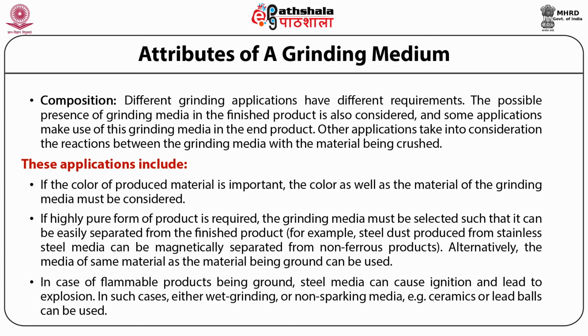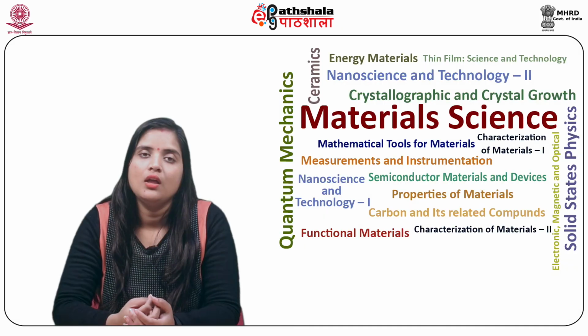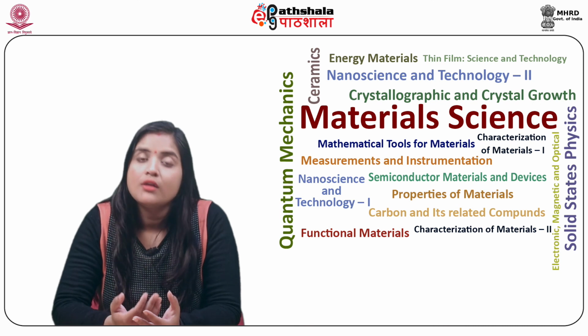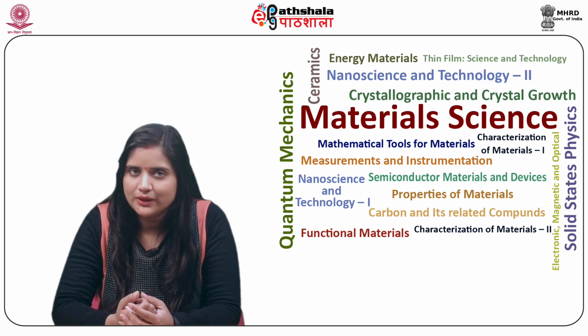In such cases, stainless steel, ceramic, and flint grinding media are often employed. To avoid oxidation and explosion, the reactor can be filled with an inert gas, which does not react with the material being ground.